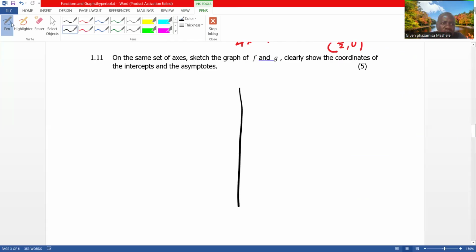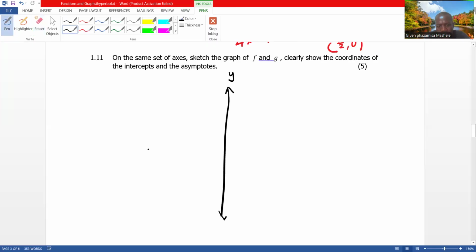Okay, let me just try to erase this. So this will be our graph, I'm sorry, our Cartesian plane. Let's call this the y-axis.